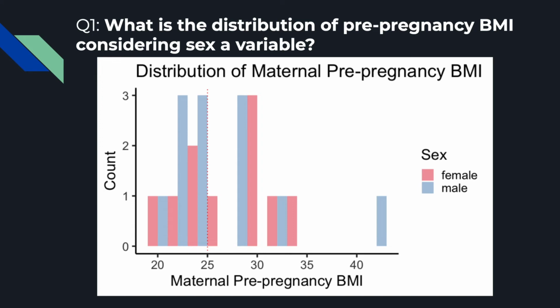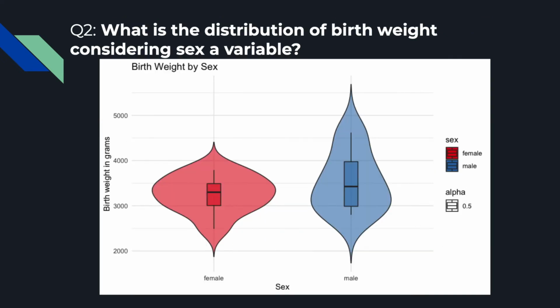And from there we can see we do have a fairly good distribution of BMIs from normal to obese.